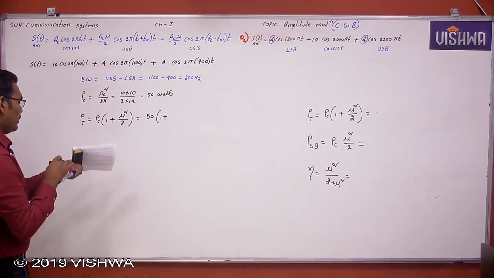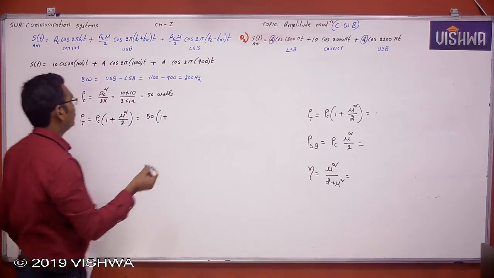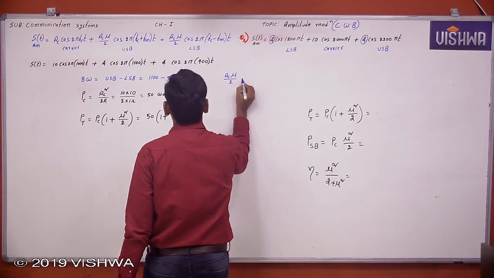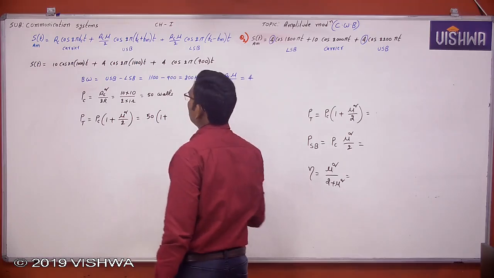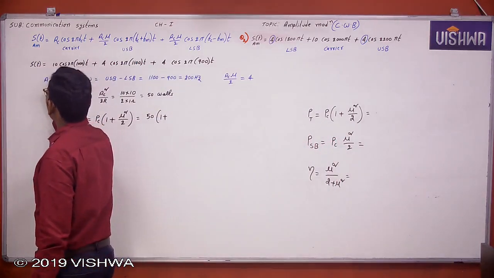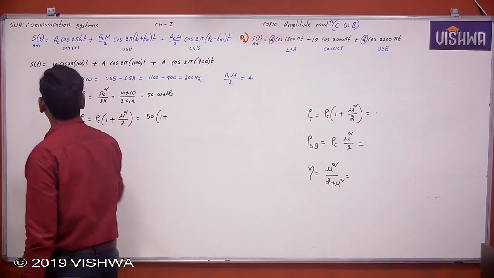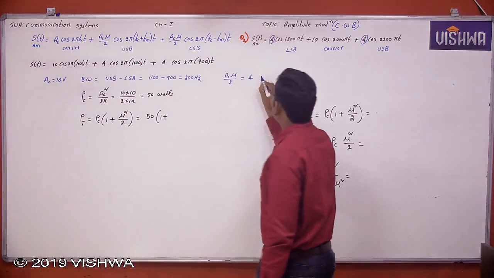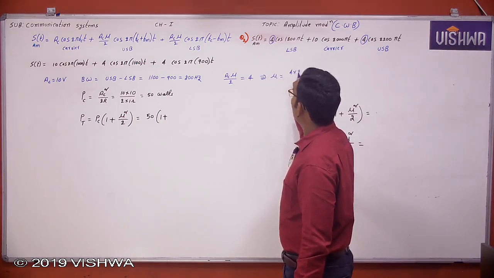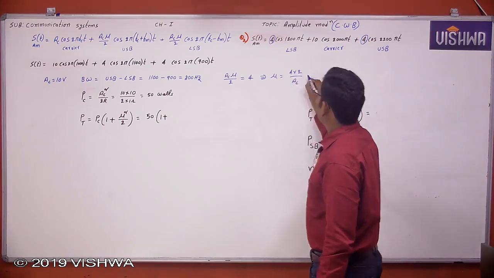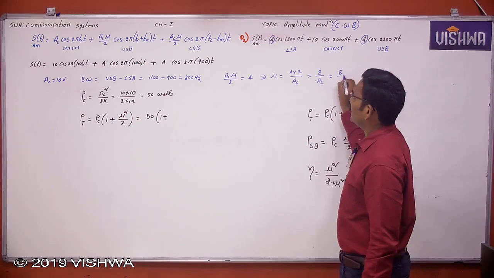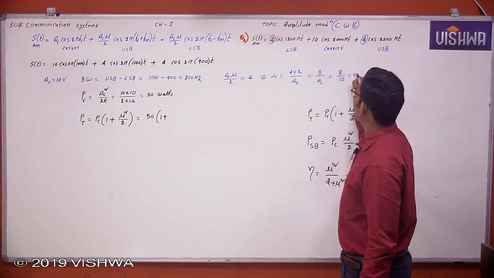Modulation index is available, so you can compare here. AC mu by 2 is equal to 4. Now here, comparing, AC equals 10 volts. Therefore, mu equals 4 into 2 by AC, which is 8 by AC, which is 8 by 10, which is equal to 0.8.